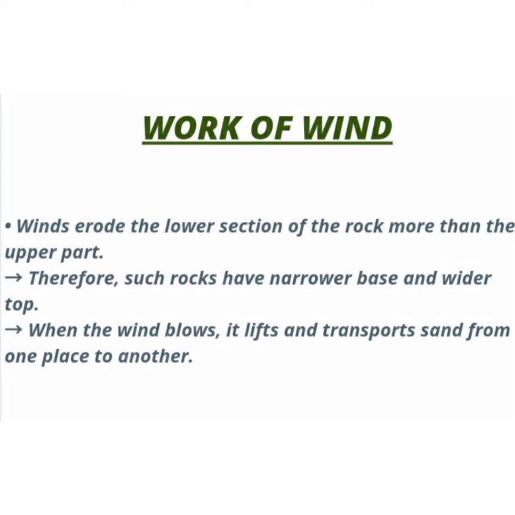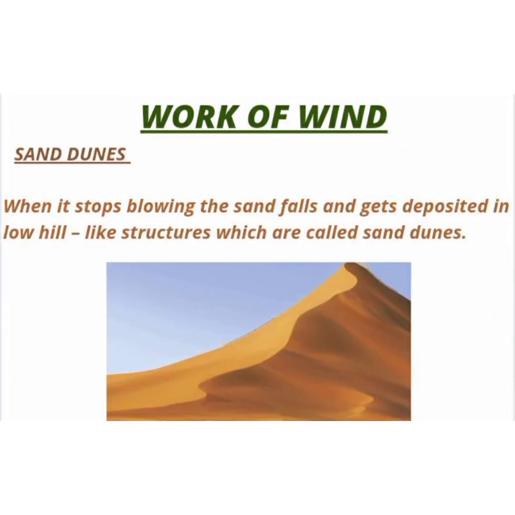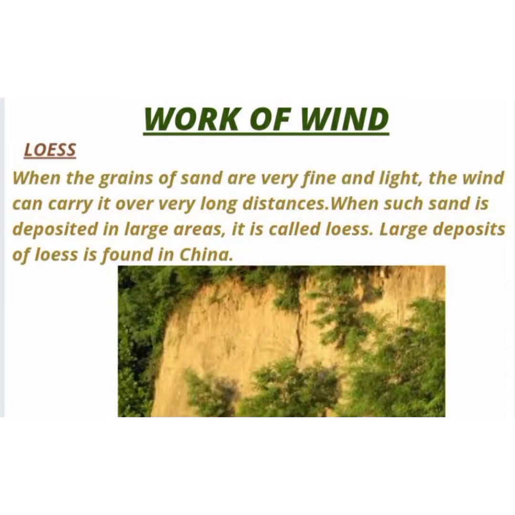When the wind blows, it lifts and transports sand from one place to another. So, what are sand dunes? When it stops blowing, the sand falls and gets deposited into low hill-like structures which are called sand dunes. What is loess? When the grains of sand are very fine and light, the wind can carry them over very long distances. When such sand is deposited in a large area, it is called loess. Large deposits of loess are found in China.